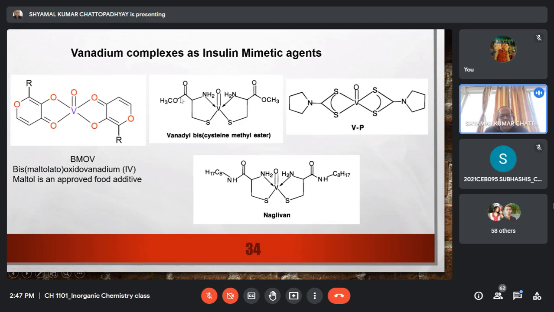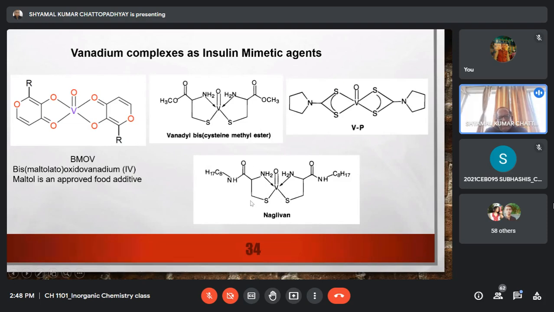So a methyl ester has been formed. So vanadium bis-cysteine methyl ester complex, where again a dioxo group is there, and one amino group and one sulfur from each of the two amino acids are coordinated to vanadium. So this is also a very good insulin mimetic agent, and very close to that compound is this one.